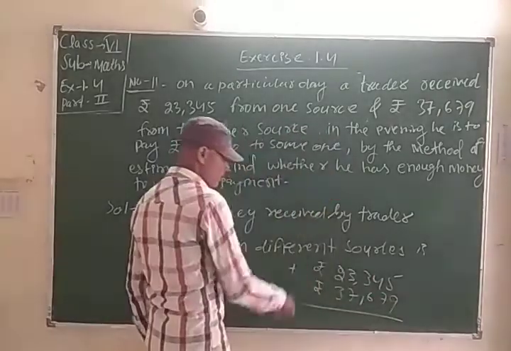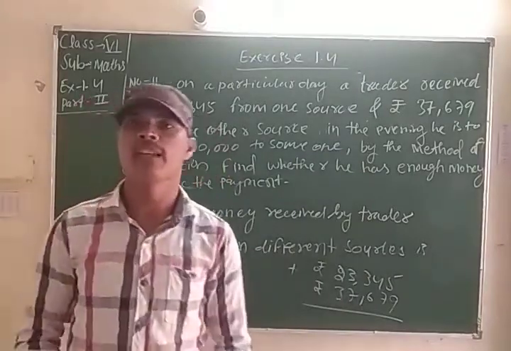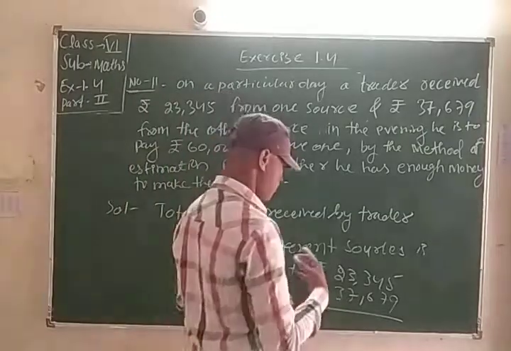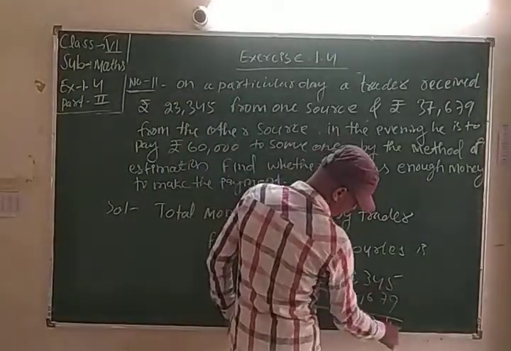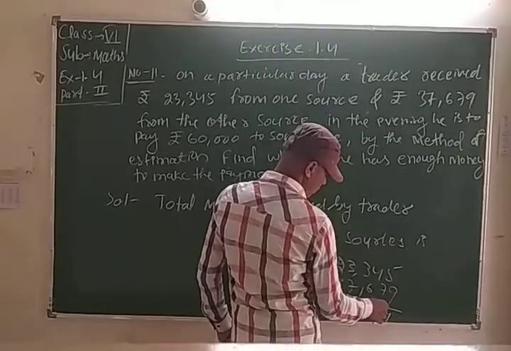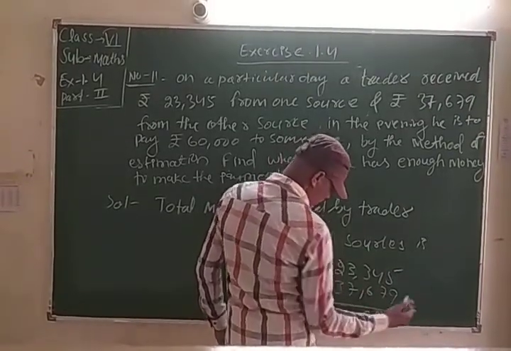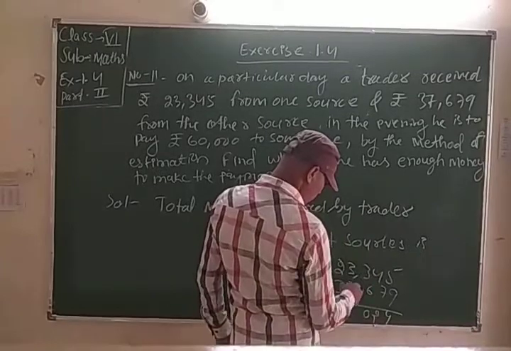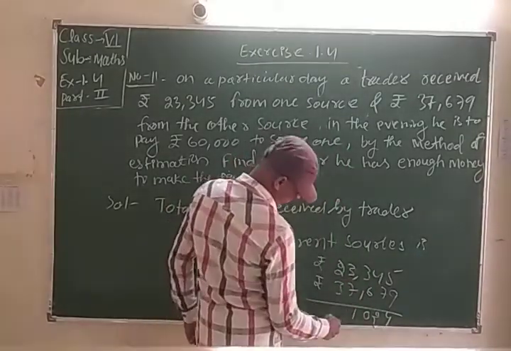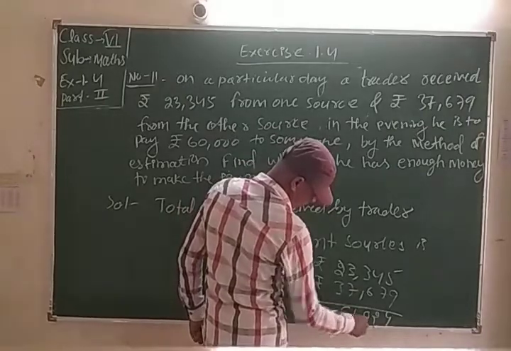Total means he got the money from two sources. Then we can know how much money he has. So 5 and 9 is 14, carry 1, 7 and 5 is 12, carry 1, 2 and 6 is 9, 10 carry 1, 11, and we get 61,024.